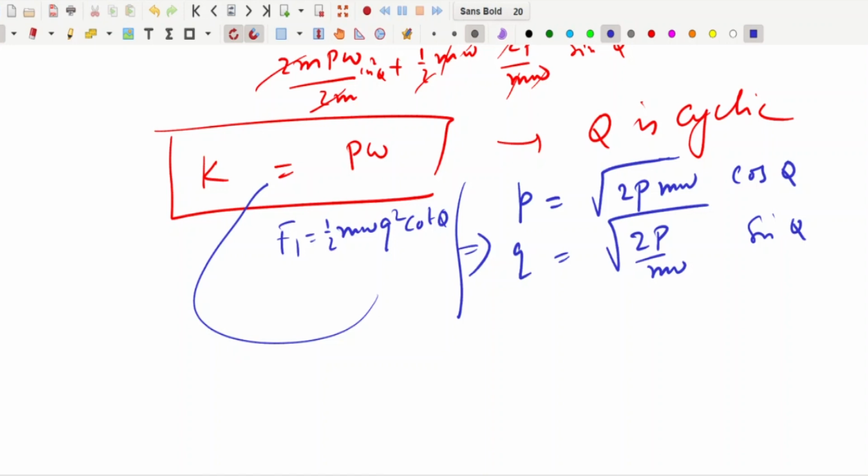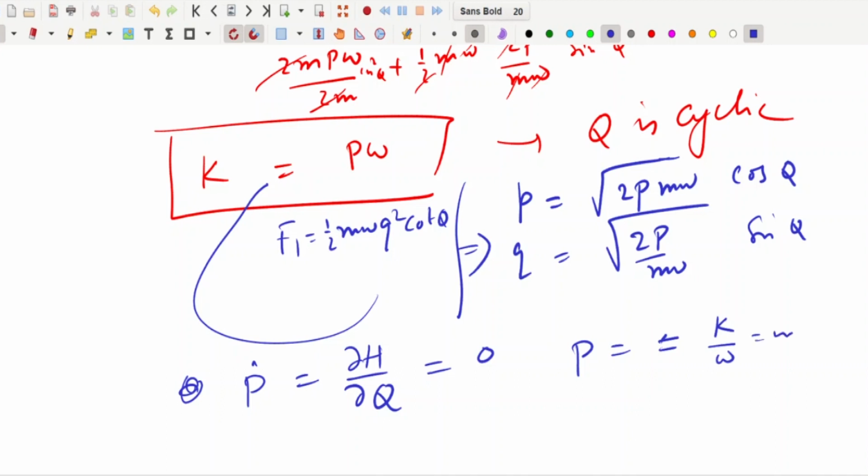Okay. So K, with Q cyclic, P dot will be minus del K del Q, but Q is cyclic, so this is 0. So P is some constant, and this P is nothing but K by omega. K is now the total energy, so we can write E by omega, which is constant.